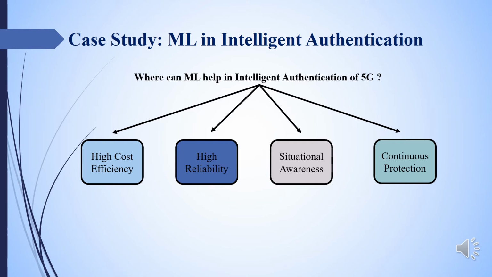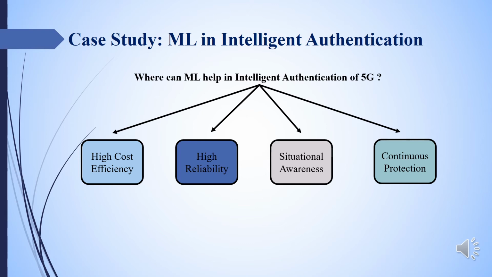High cost efficiency: when we build a new model, we also require it to be cost efficient. We do not want to produce a model that is very high in cost and cannot be applicable to any low-end user. By high reliability, we need to allow more and more devices to be connected with each individual existing device.